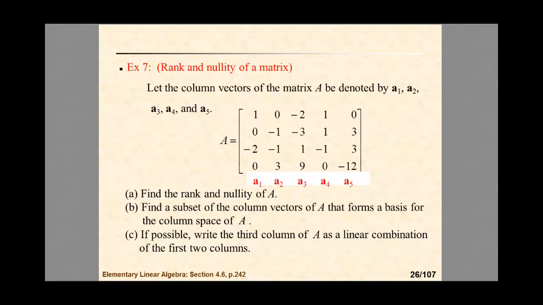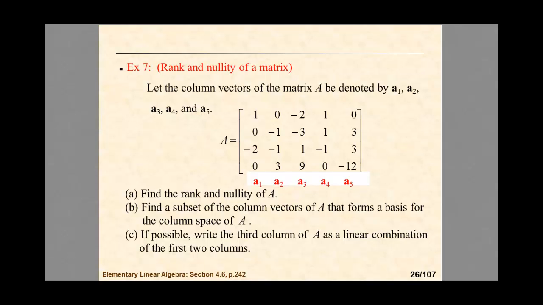So we see a question. It says: let the column vectors of a matrix A be denoted by A1, A2, A3, A4, and A5. These columns are given here.